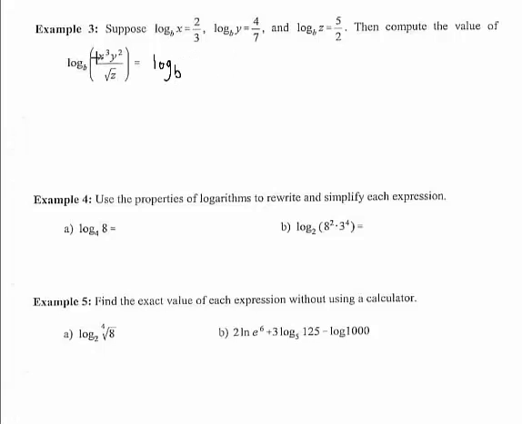So log base b, and then the x and y are in the numerator and they're multiplied, so we could write log base b x to the third plus log with the base of b y squared. We've simply applied the first property where the product of two variables in the argument can be split up into two separate log functions in terms of addition.